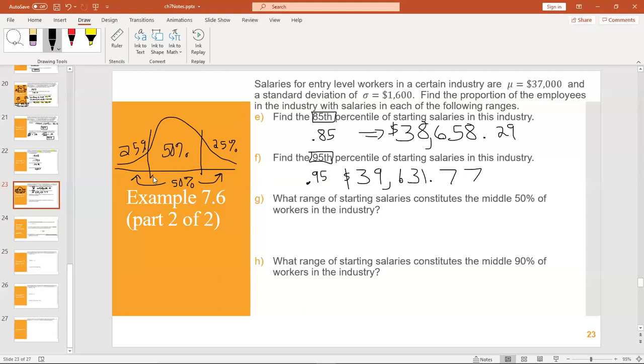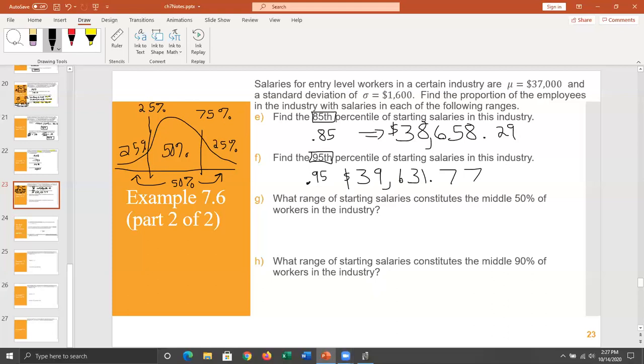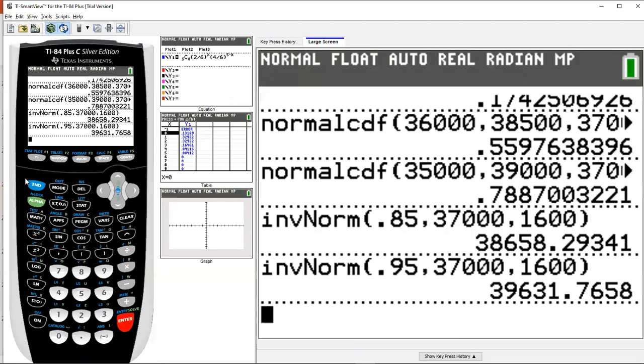So then if you go from 0 up to 25, that means this one is 25%. And then if you start at 100 and back up 25, that's going to give you 75%. So we're going to do the inverse normal of 0.25 and 0.75 and find out what those are, assuming the calculator decides to start working again.